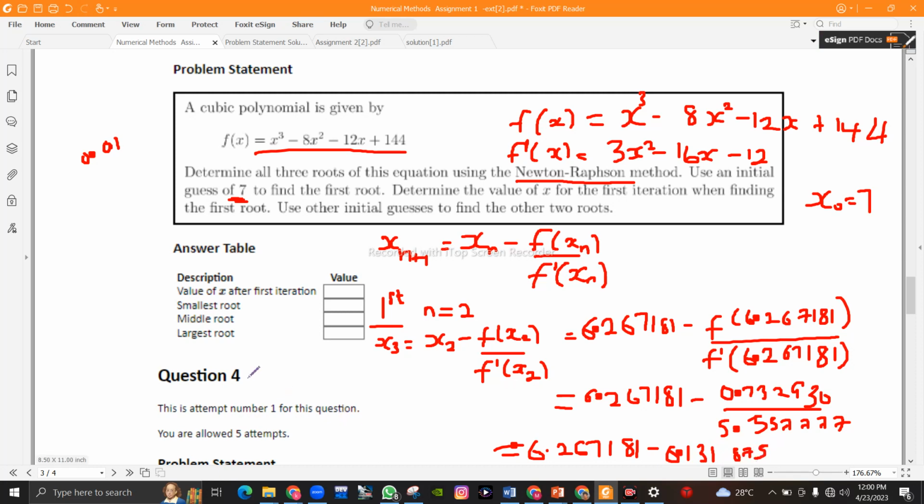So we subtract this, your x3 that we just got will be equal to 6.135306. So this is our x3. And if you compare it with this, the error is like 0.131875. This will be the error. It's still high, but it's getting lower. We are getting to 0.1. So let's go to the next iteration.